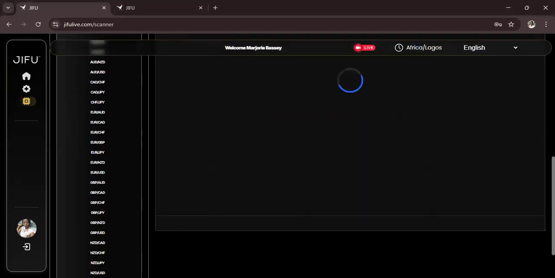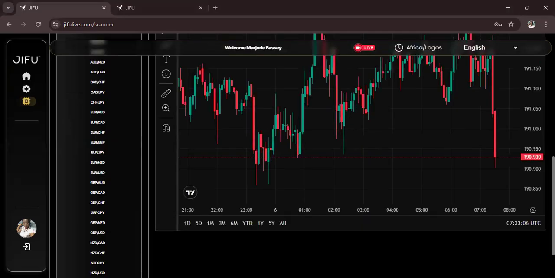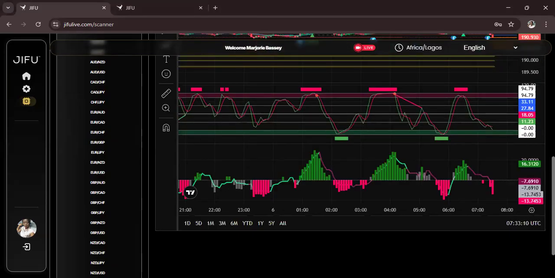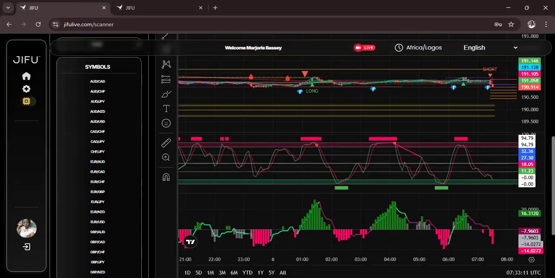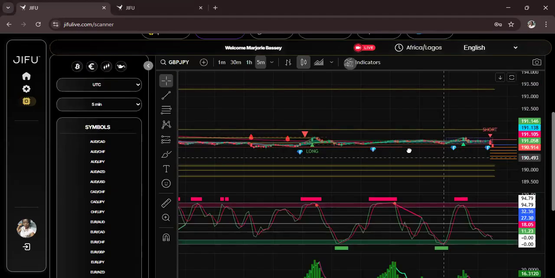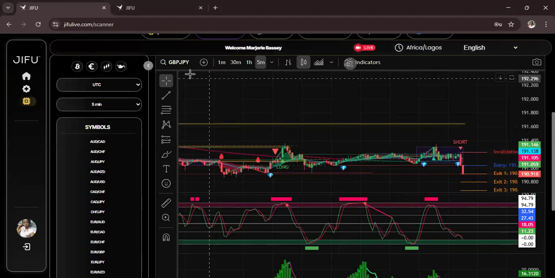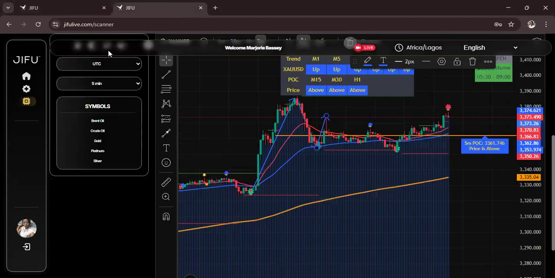We've already looked at gold, and I said you need to check. GBP USD is currently on a sell trend, but let's see. Okay, it's actually an entry, but let me see on kill shots.